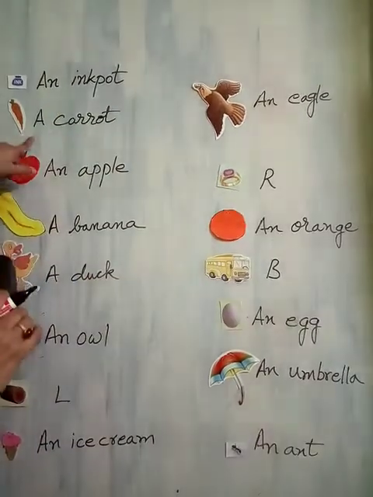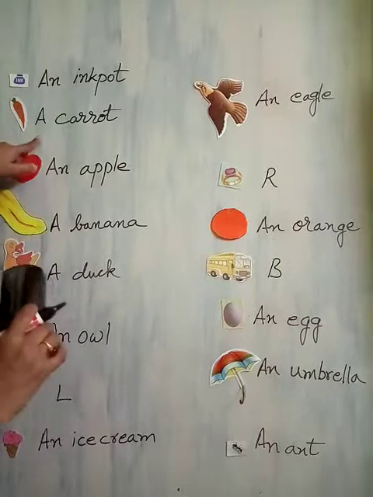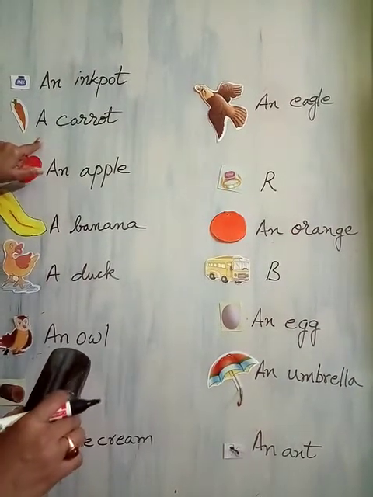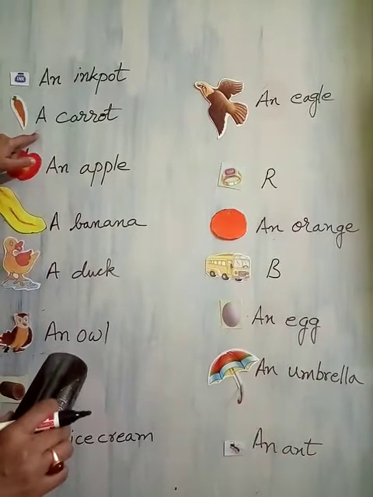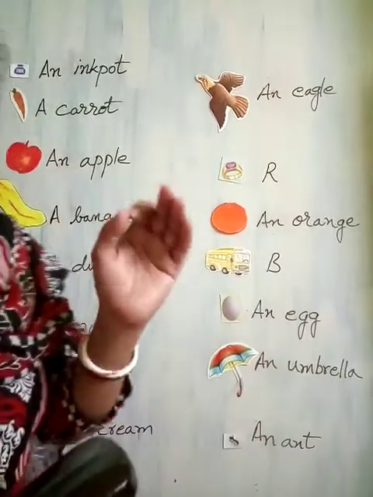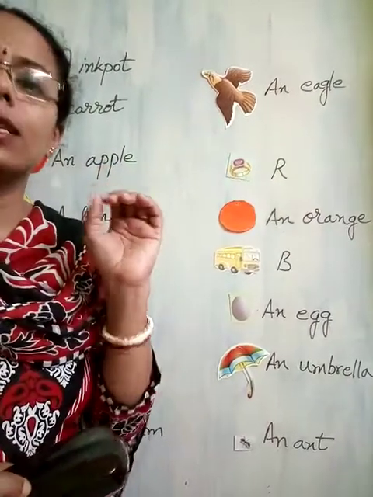Right? C, consonant. So, for the words which start with a consonant, we use the article a. We are not pronouncing it as ay, we are pronouncing it as uh.